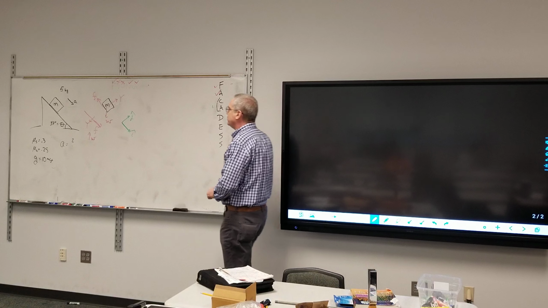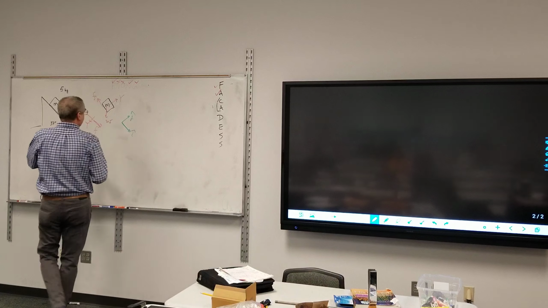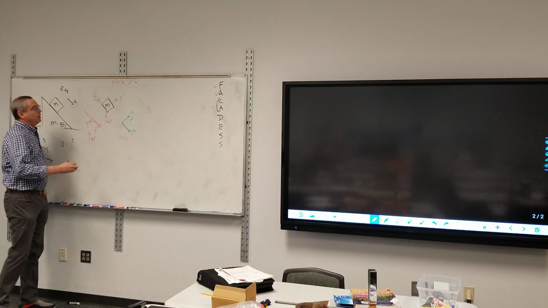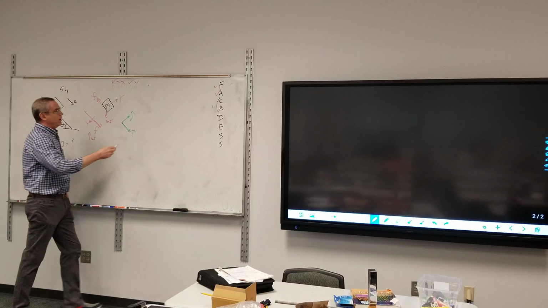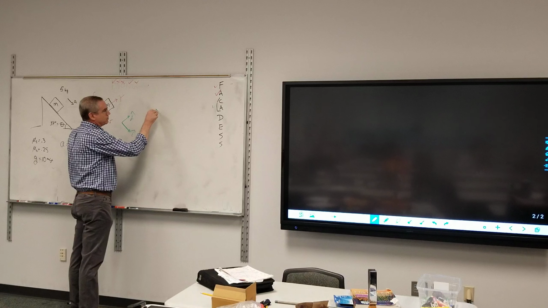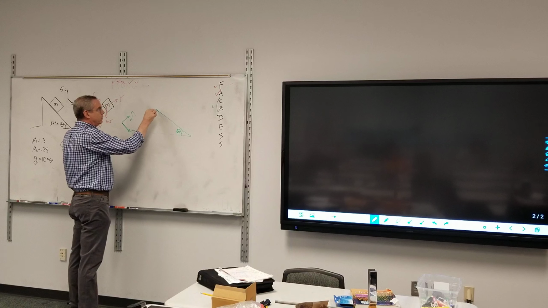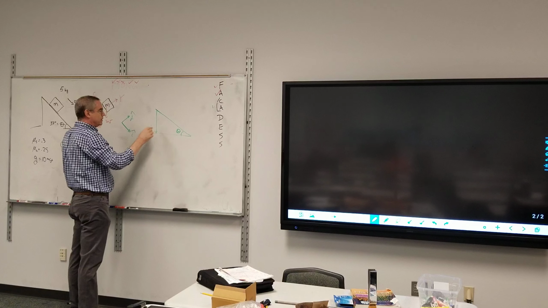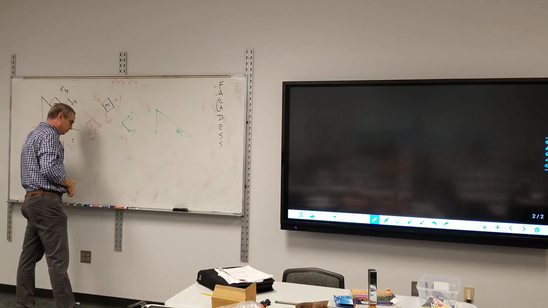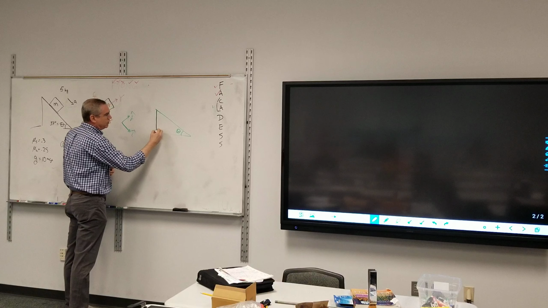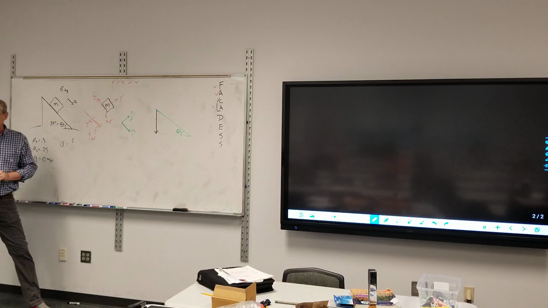So we decompose any of the ones that are not along those lines. So we're breaking it up. I'm just going to set up a triangle here. That angle's theta. Weight is acting down. Whenever I am breaking up, that is the hypotenuse of my triangle.